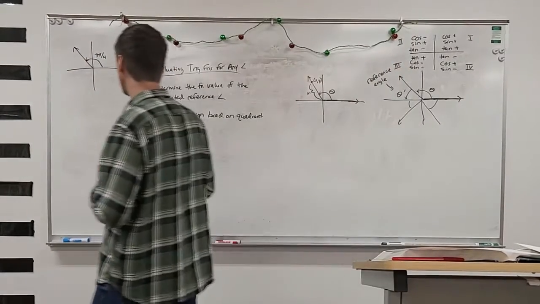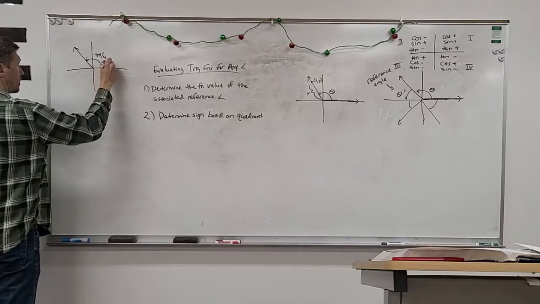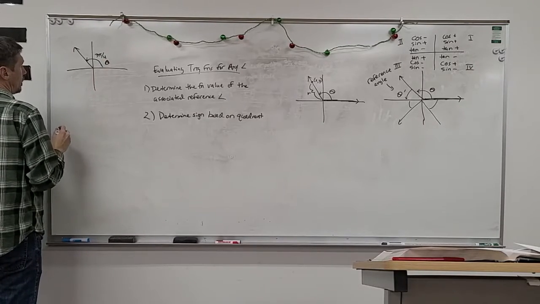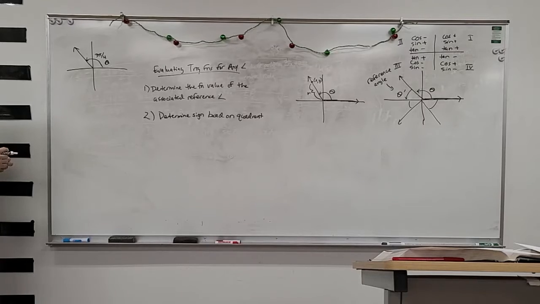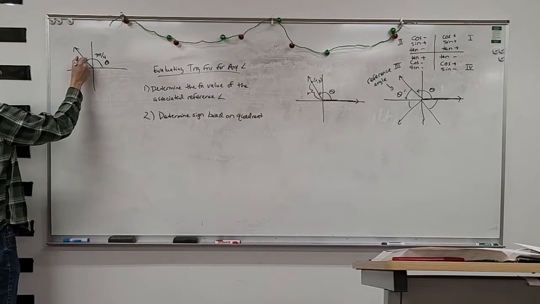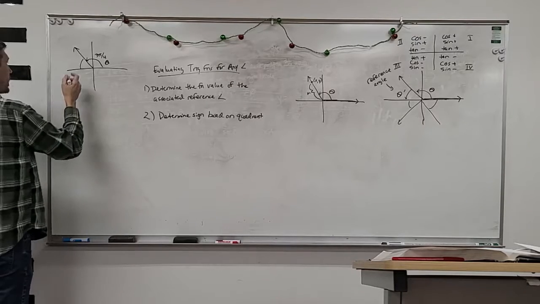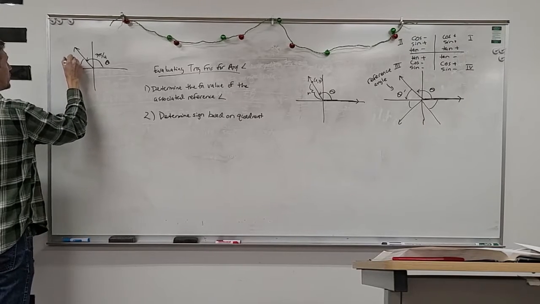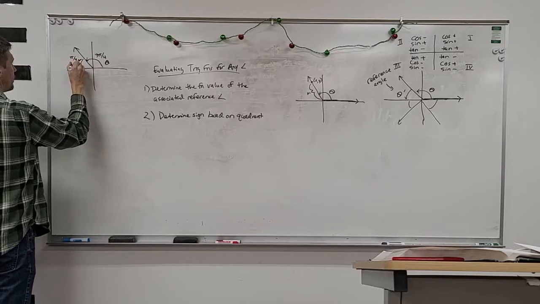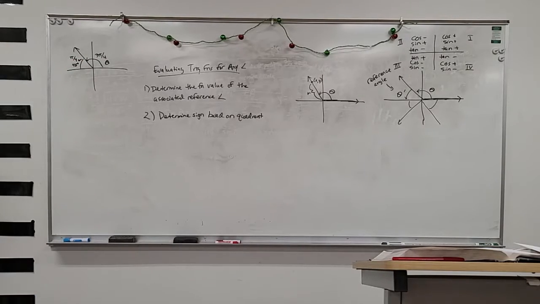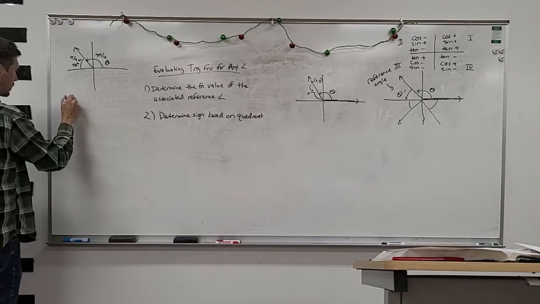So I'm asking you for cosine theta, where this is theta. What you're going to think about with this one is your reference angle. What's your reference angle here? 45 degrees, or pi over 4. Once we realize that that's 45 degrees, then we know that we can use one of our special triangles, a 45, 45, 90 triangle, which looks like this.